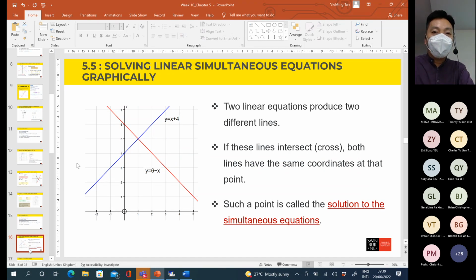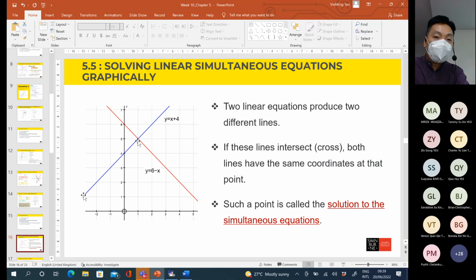Before we go for this, when you see this graph, you may find that the blue line has an equation of y equals x plus 4. And this red line is y equals 6 minus x, right?